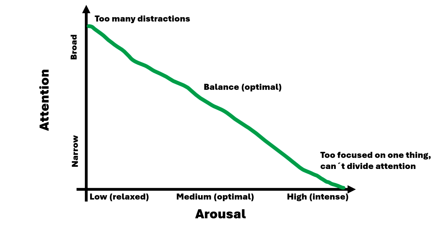This involves too many distractions. Now, when your arousal is very high and you're only focused on one thing, you can't divide attention. Remember, dividing attention is like multitasking. So, for example, if you're very angry at this one player and you're just focused on him, you won't be able to focus on the game, okay? So, you want to have the in between, the balance that allows the highest performance.